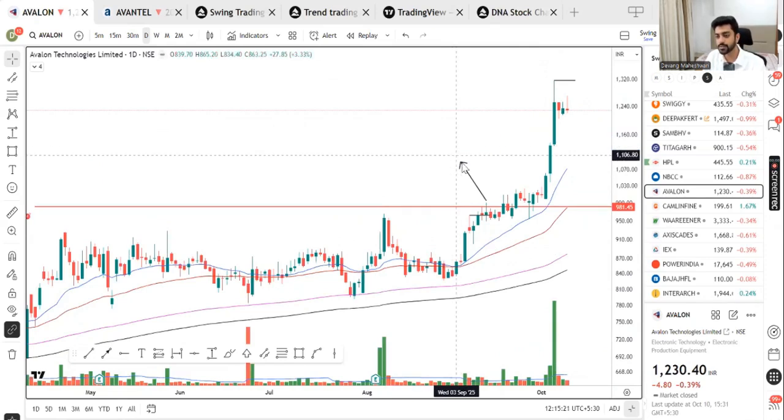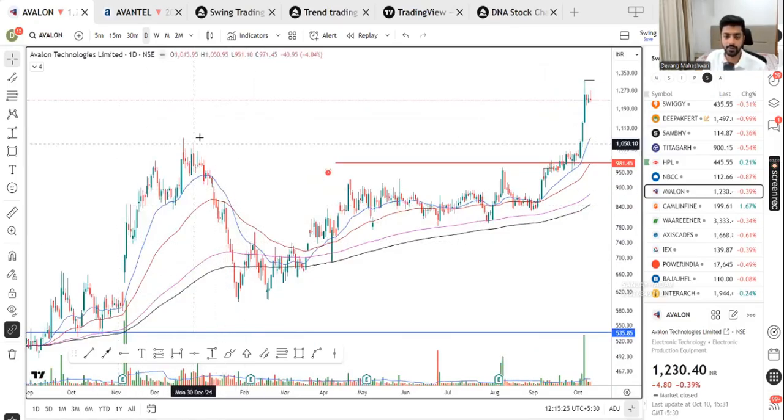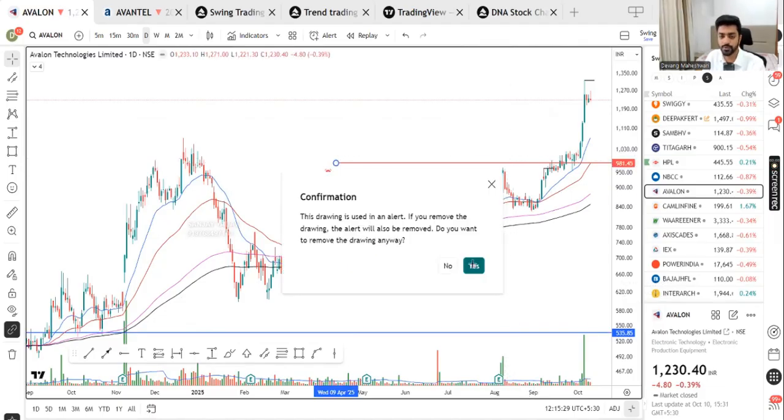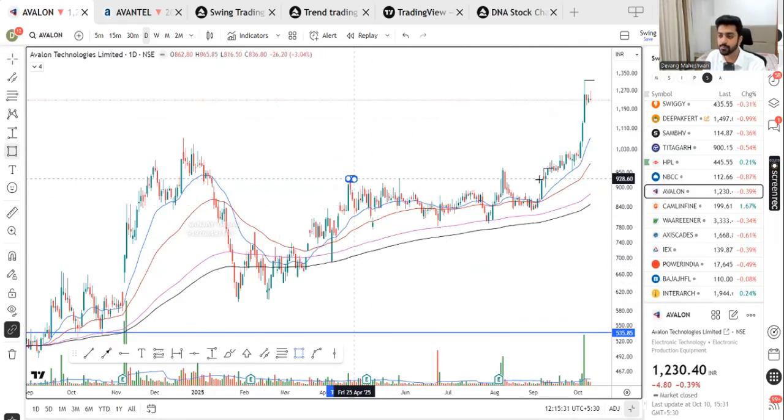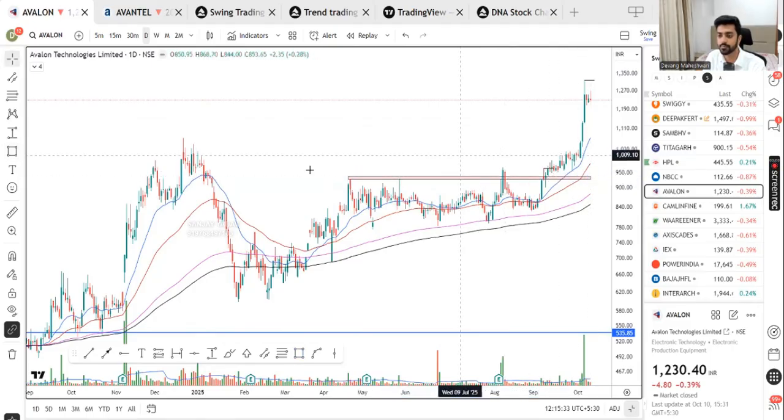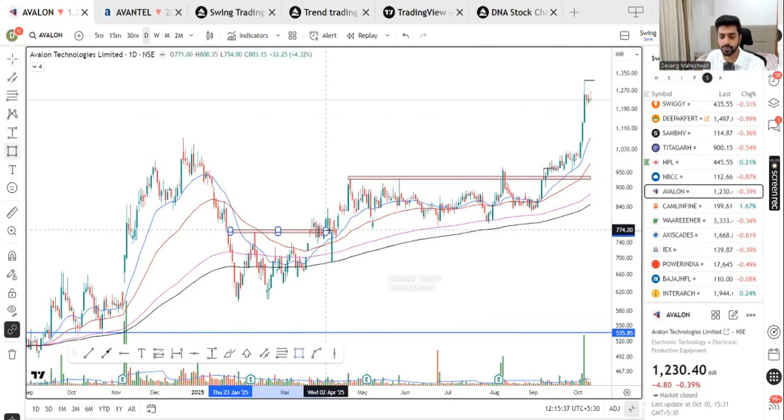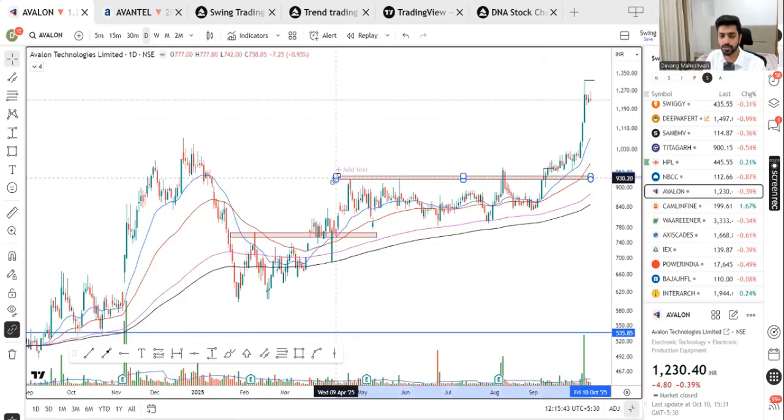This is an up and down base. Okay, remove this already done trade. Up and then here also one was there. Okay, and then here. This is still an up down kind of base.